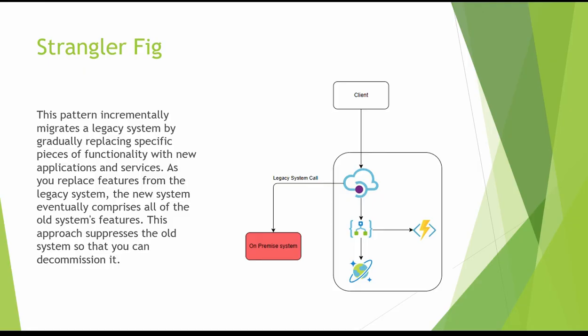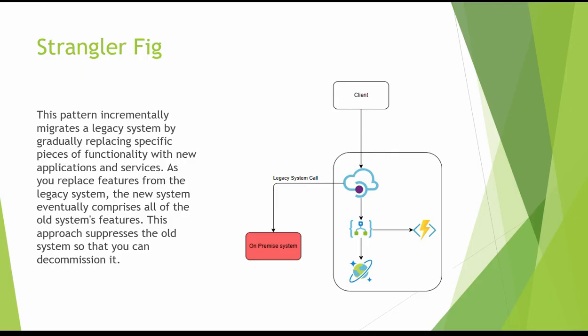What we can do is use Strangler Fig. We can use APIM, and the client will make a request to APIM, and APIM will decide which call has to go to the on-premises system and which has to go to the cloud.